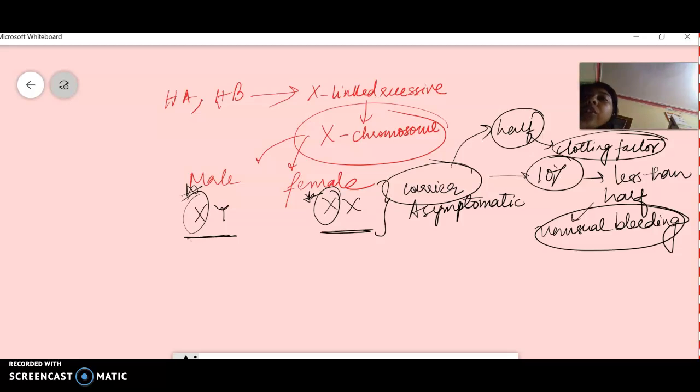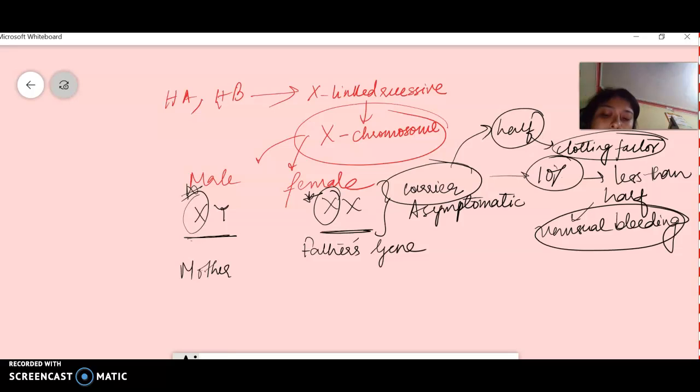Next, we will move on to the inheritance pattern, or the genetics, of hemophilia. This is your father's gene and this is your mother's gene.